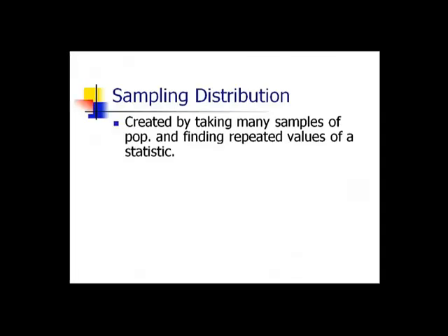Let's think about this for just a little while. What does that mean? So I have a given population of a certain size. The population size is not necessarily important, but it's some population that's out there.